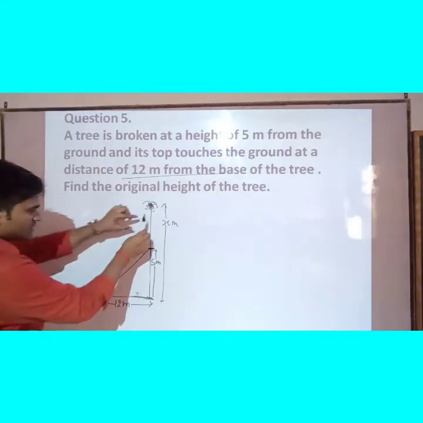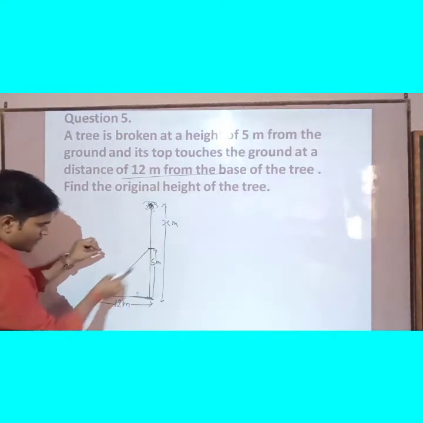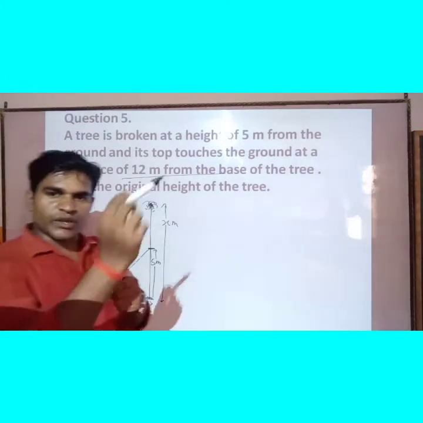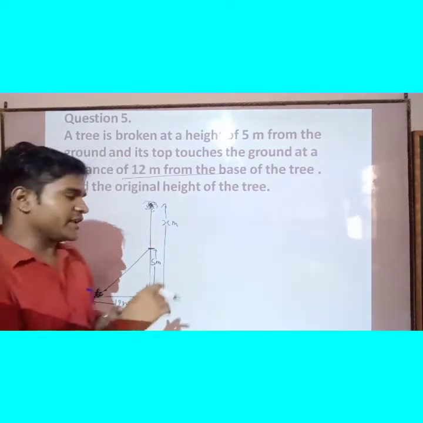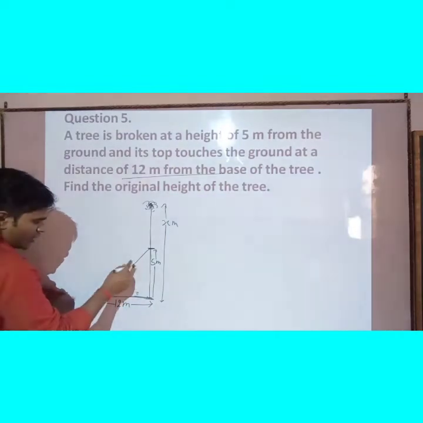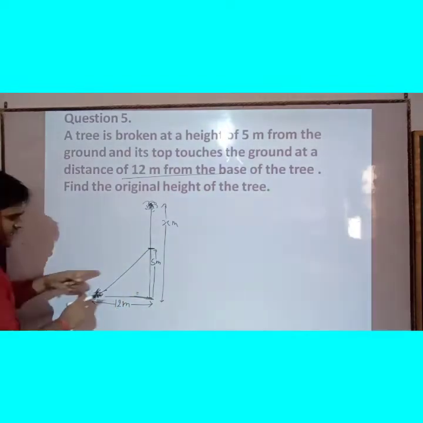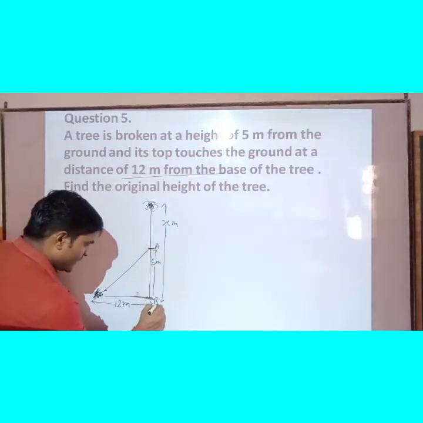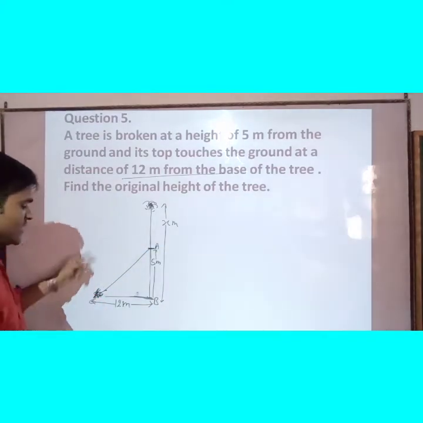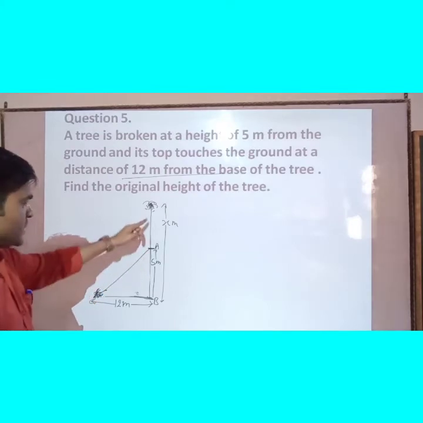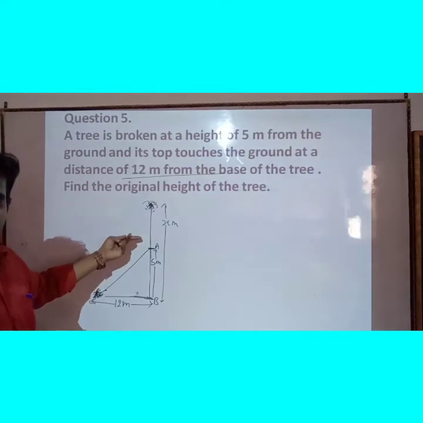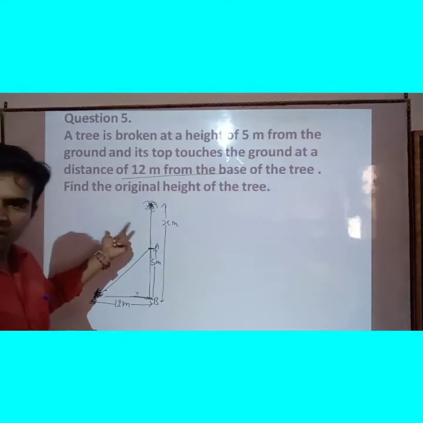So children, the broken part is equal to the hypotenuse of the triangle which is formed when the tree is broken. So it forms a right angle triangle ABC. We will find the hypotenuse AC and add 5 meter to it. That will be the original height. It's clear?